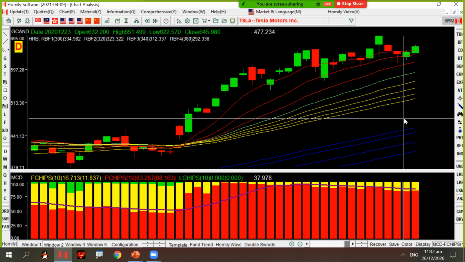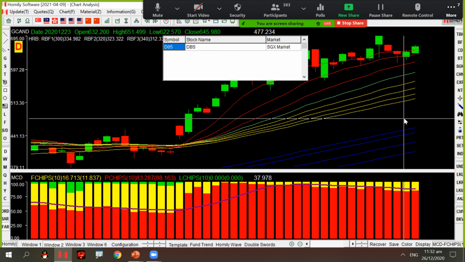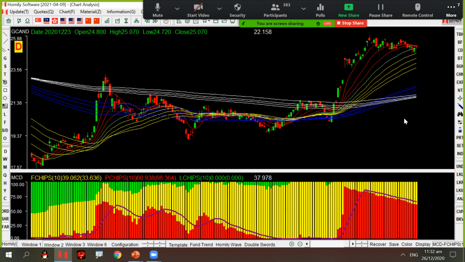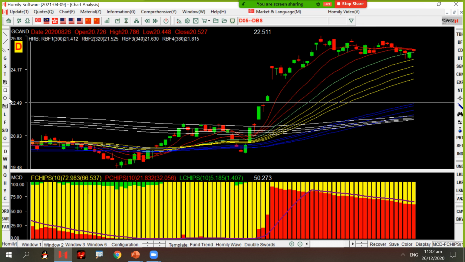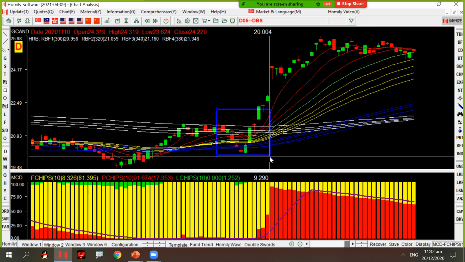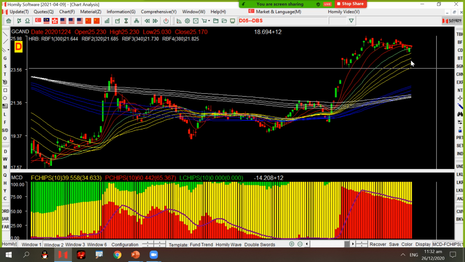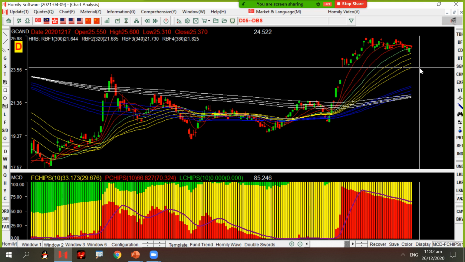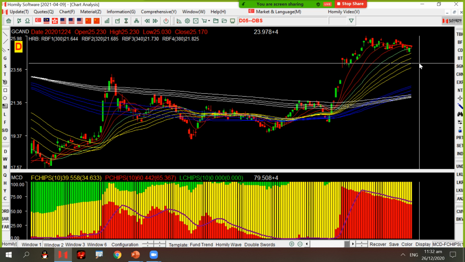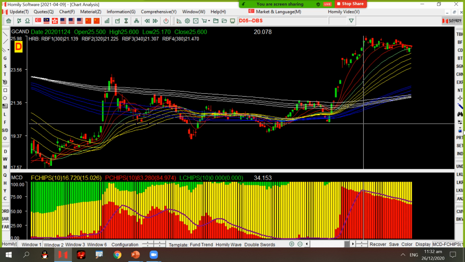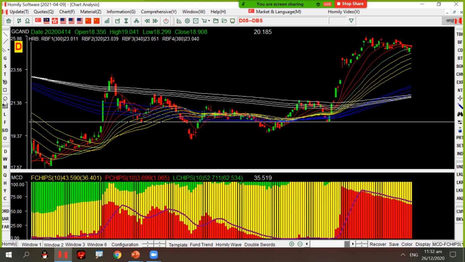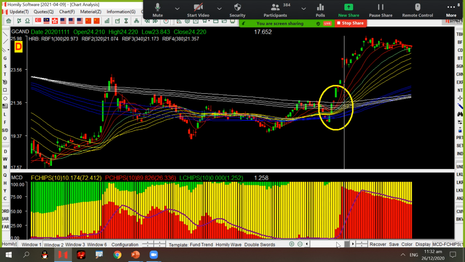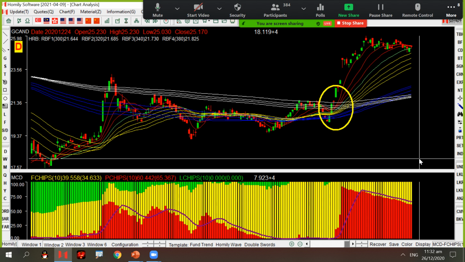Even though like the DBS already black horse coming, right? So now it's a good one. Then you can use some other way to check when to buy and when to sell for short term. But remember, when the first time the DBS crosses up the white rainbow, then the MCD increasing is a good one.